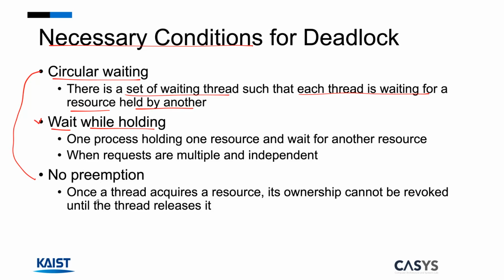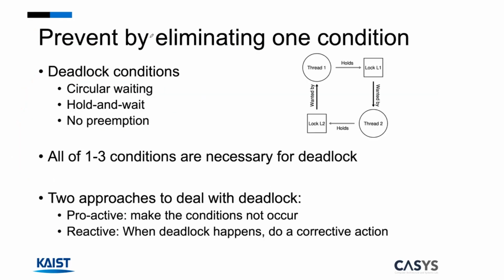No preemption means that once a thread acquires a resource, holding a lock, its ownership cannot be forcibly revoked by other parties, the operating system or another thread, until the thread voluntarily releases it. There's no preemption. As I say, these are necessary conditions. What does it mean? To prevent deadlock, we can eliminate only one condition, and then deadlock never happens.